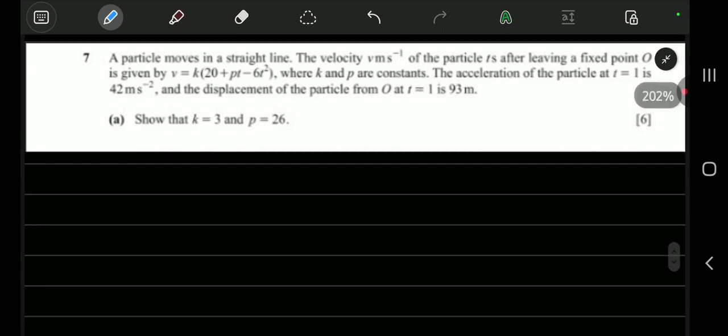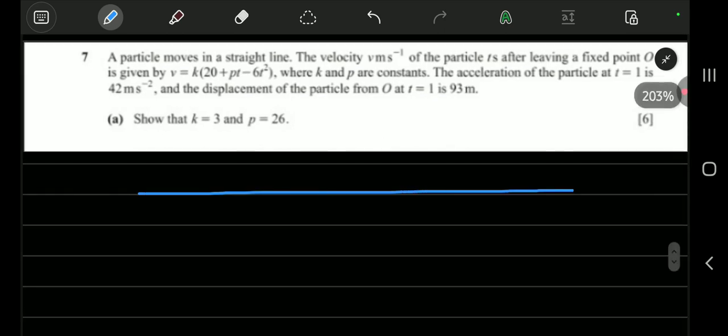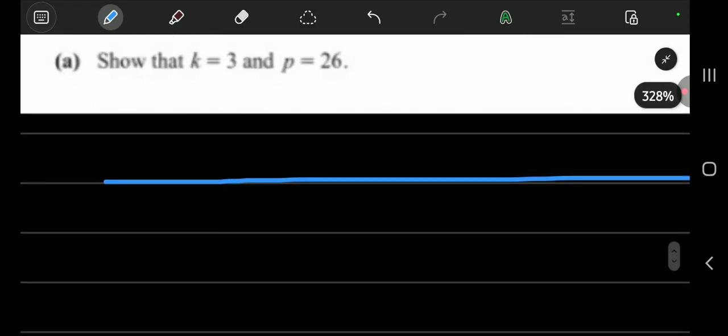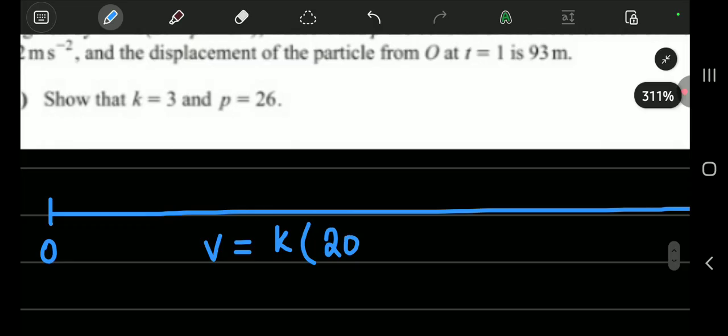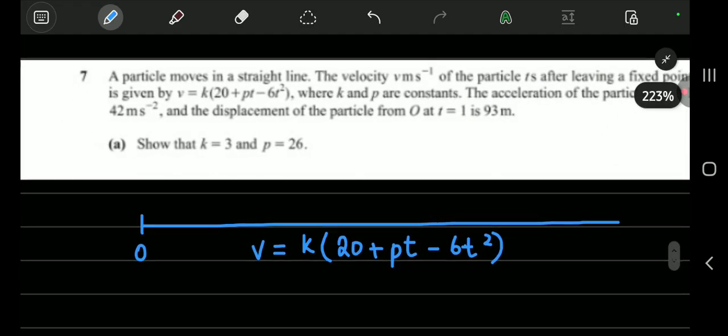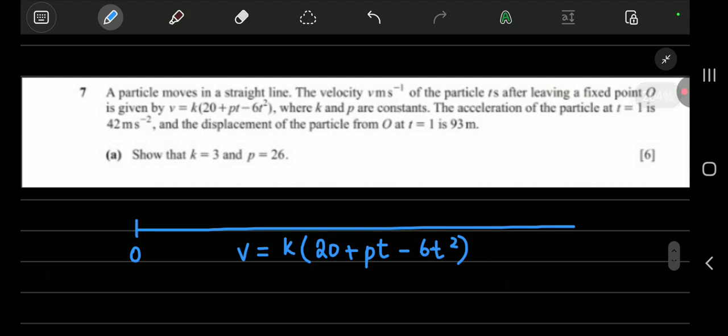Okay, so first understand the journey. They say the particle moves in a straight line starting from O, and the velocity is given by an equation in terms of t, but there are two constants also involved that we need to find: 20 plus pt minus 6t squared. The acceleration of the particle at t equals 1 is 42.